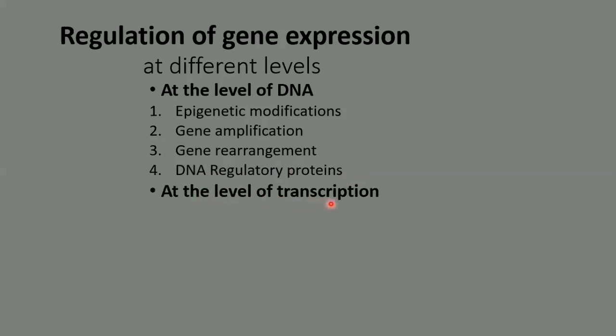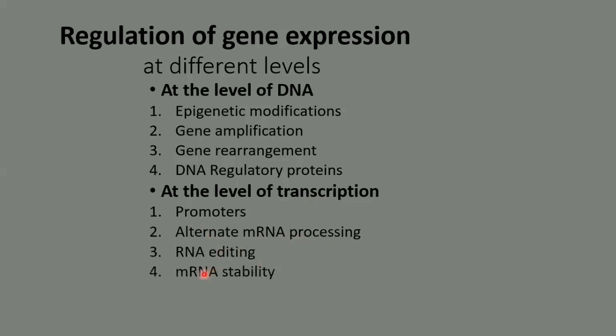At the level of transcription, there are promoters, alternate mRNA processing, RNA editing, mRNA stability, and even at the level of translation, there is regulation of gene expression. Regulation at the transcription level is a common control point for regulation of gene expression, but there are many steps included in this. Okay, so now let's see each one of them.